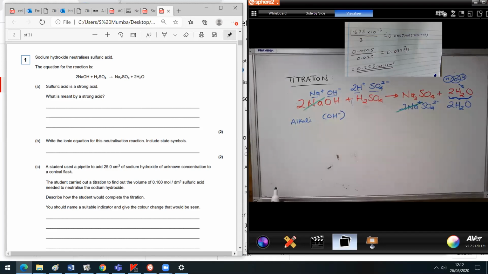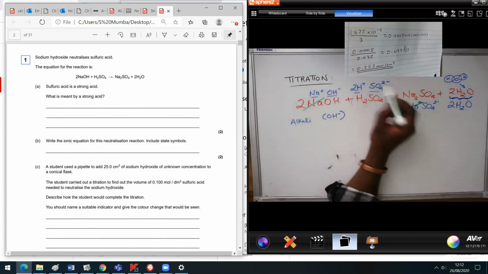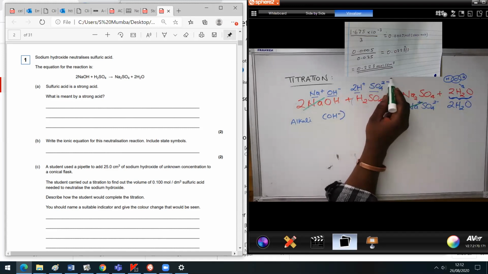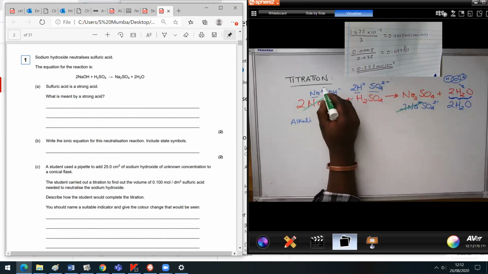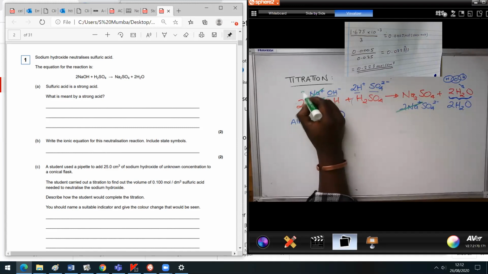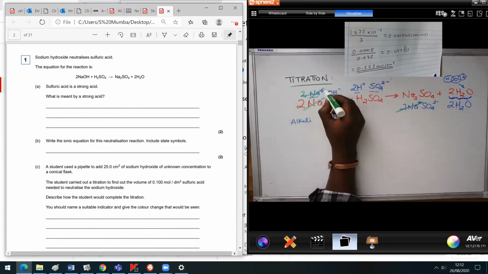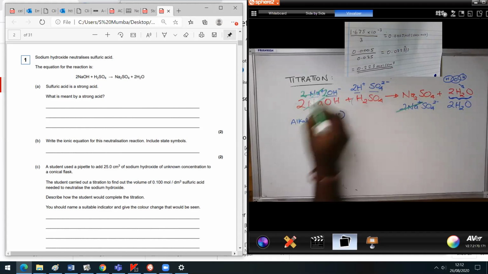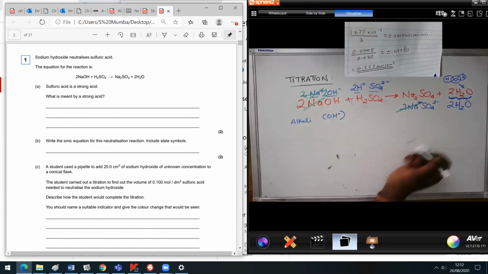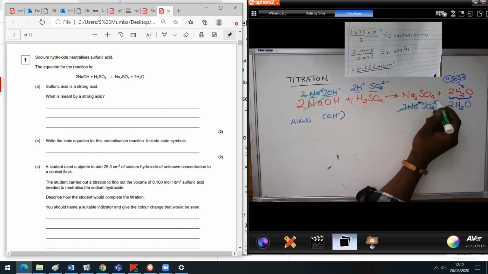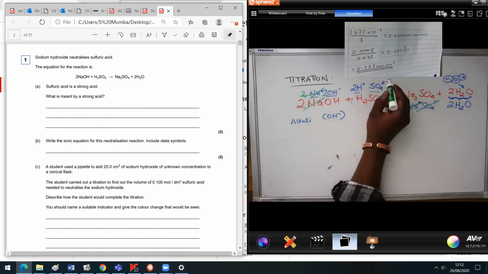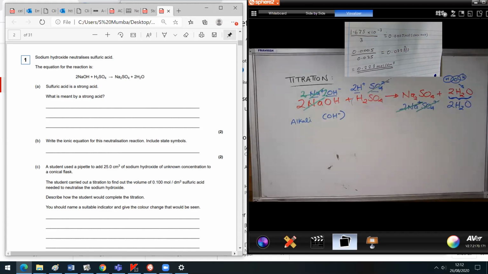I've got 2 sodium which I've crossed out, which leaves me with 2 OH, because this 2 multiplies to everything. Now I can cross out my SO4 2 minus on the right-hand side as well.